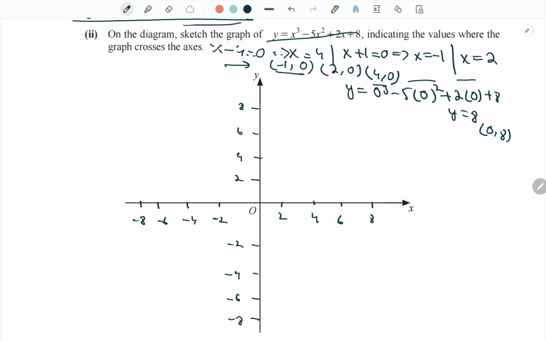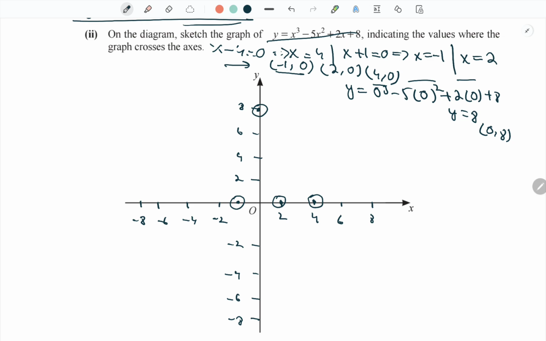First place is this one. Then x is 2 and y is 0. This one. Then x is 4, y is 0. Okay. Then x is 0 and y is 8.